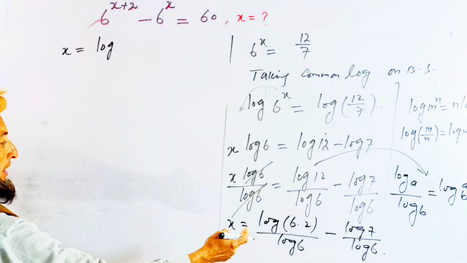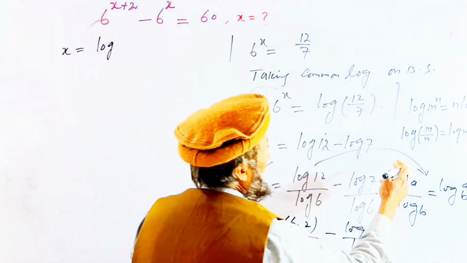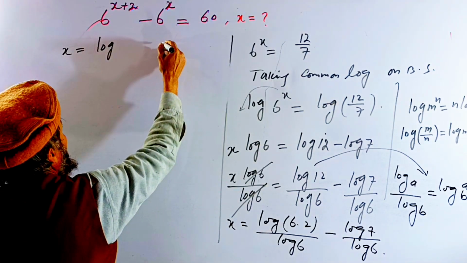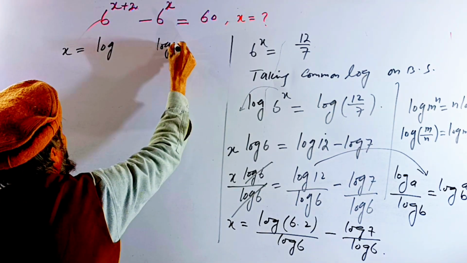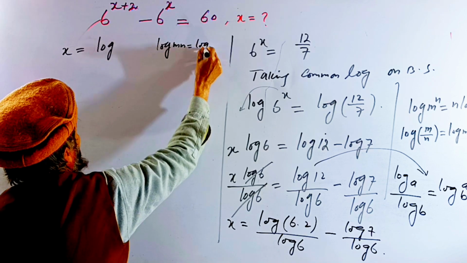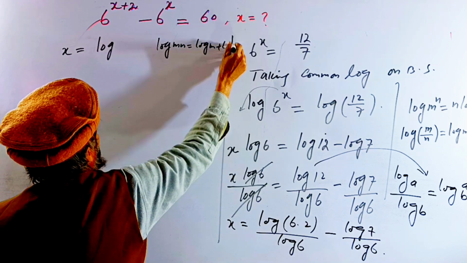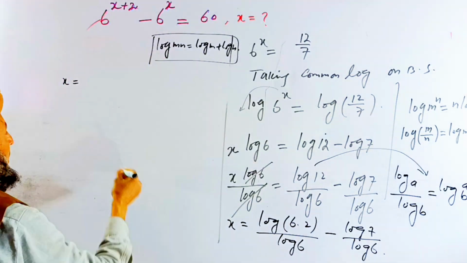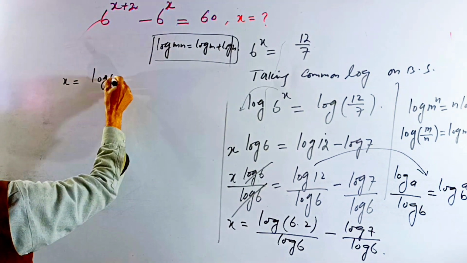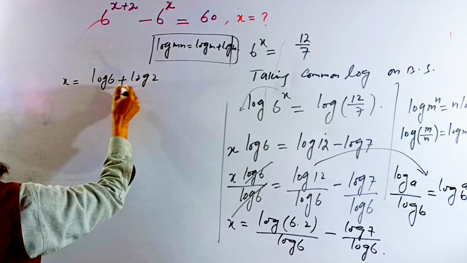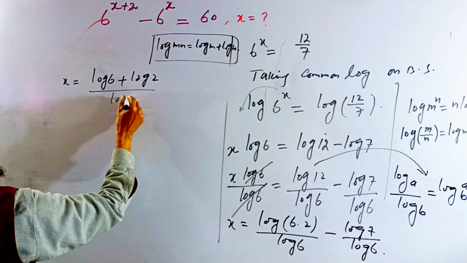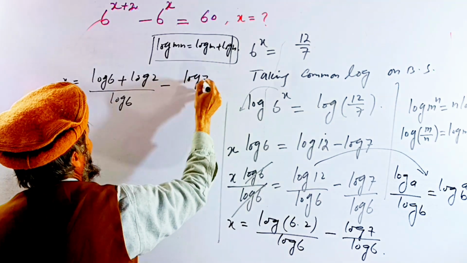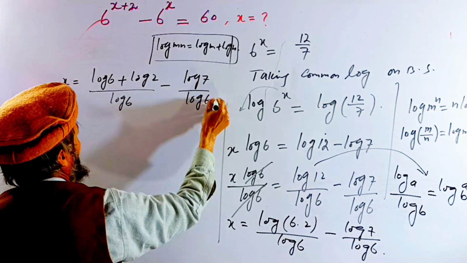Here a product is available, so we use the product rule. According to the product rule, log of mn is equal to log of m plus log of n. So we get log of 6 plus log of 2, divided by log of 6, minus log of 7 divided by log of 6.